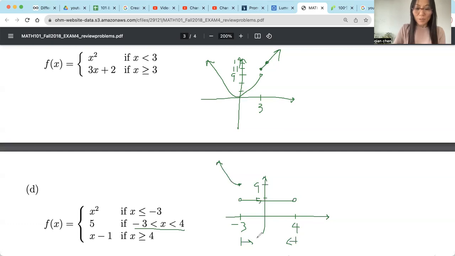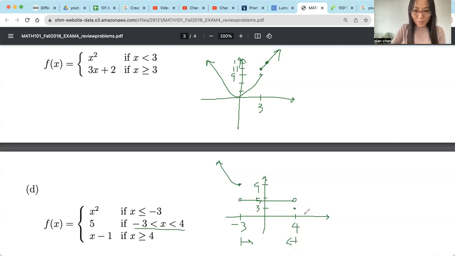So in between, in the interval -3 up to 4, I have this constant function, 5. Greater than or equal to 4, I have x minus 1. So when x equals 4, 4 minus 1, that's 3. Let's see, 3 is somewhere here. I make a solid dot because 4 is in the domain of this last interval.